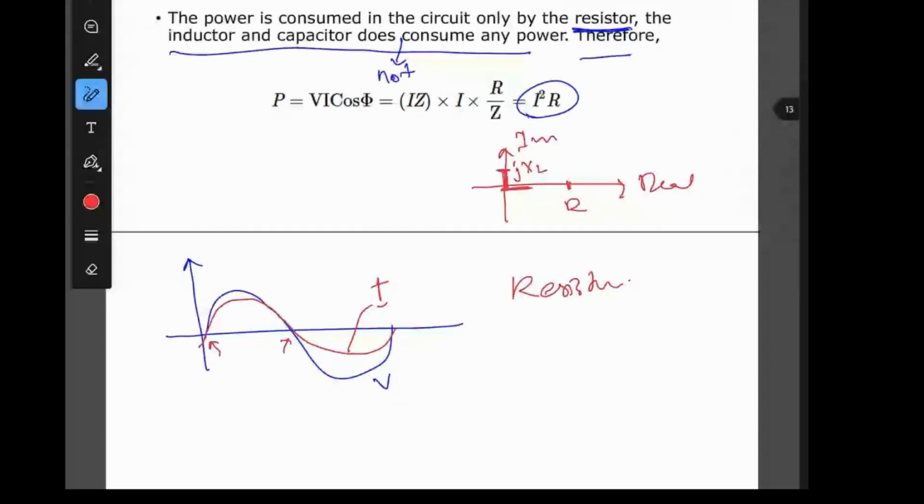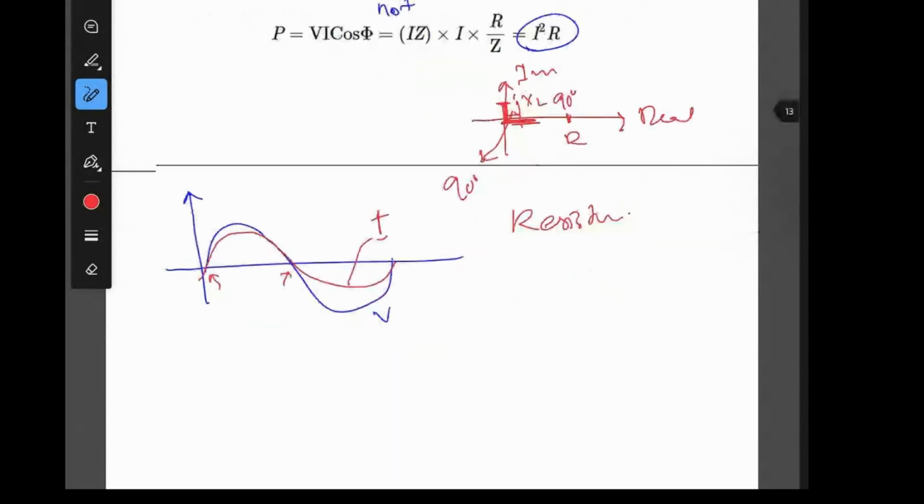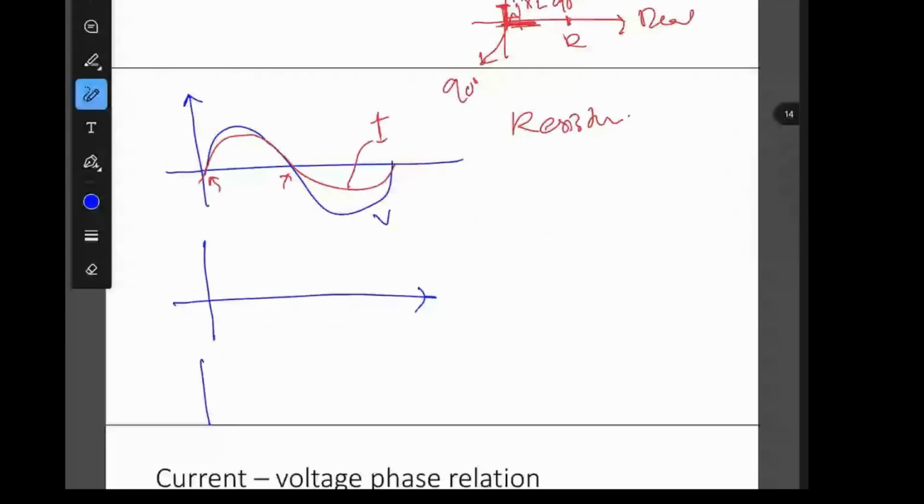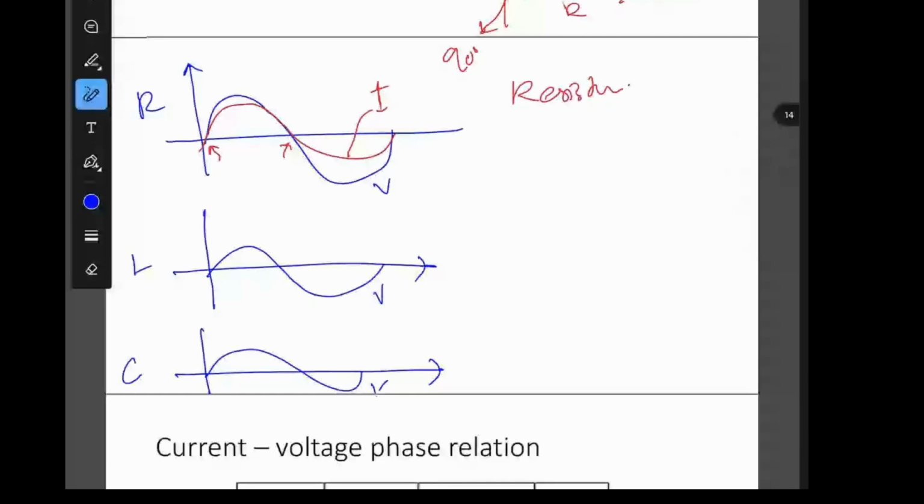For the inductor, we know that it is on the imaginary axis, so jXL. The j means that the phase angle between j and R is 90 degrees. This is the form for the voltage of the resistor, inductor, and also capacitor.